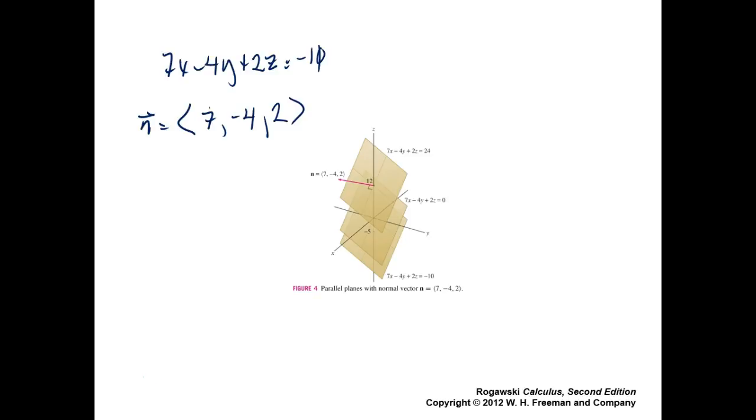If it's parallel to P, what's the same as that one? The coefficients are exactly the same. It's the same normal vector. Exactly. And if it goes through the origin, guess what that constant's got to be?